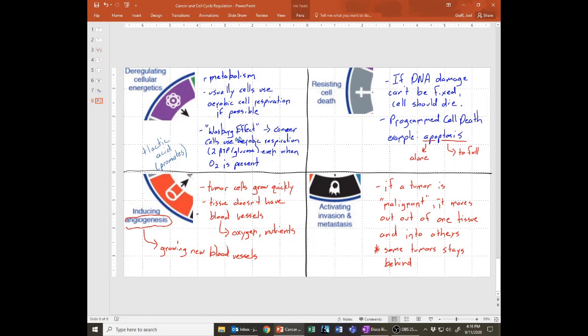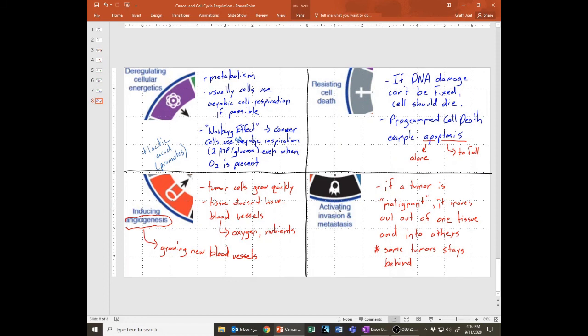And so tumors need to be really active in promoting the growth of new blood vessels. So that's what's going on with inducing. That means turning on or upregulating or causing the start of growing new blood vessels.